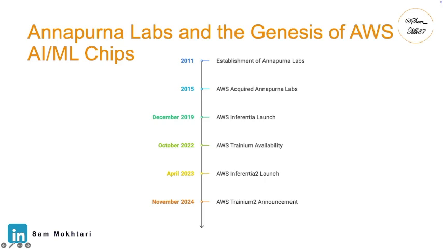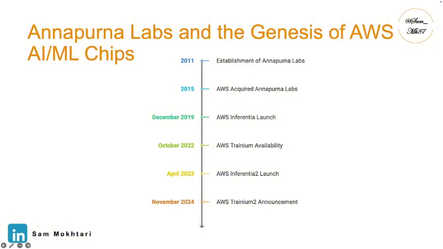When AWS acquired Annapurna Labs in 2015, it marked a pivotal moment in the evolution of AI/ML acceleration. AWS recognized the immense potential of Annapurna Labs' expertise in chip design, coupled with the demand for AI/ML capabilities. Their effort led to the creation of AWS Inferentia and Trainium.